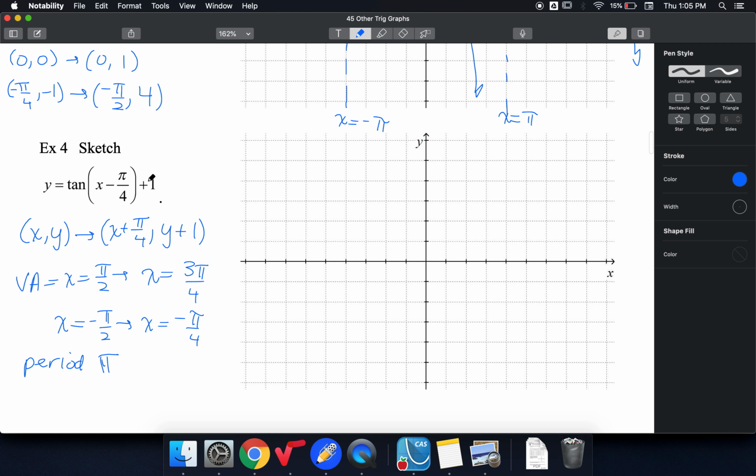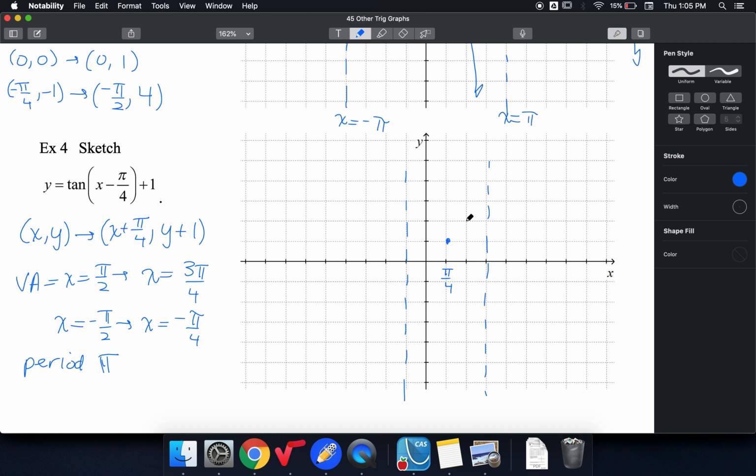All right, my center point has been moved to the right pi over 4 and up 1. So instead of going through 0, 0, it goes through pi over 4, 1. And then negative pi over 4 is a VA to 3 pi over 4, another VA.